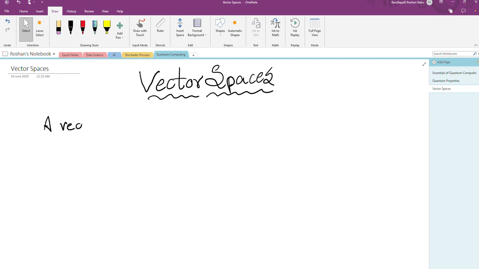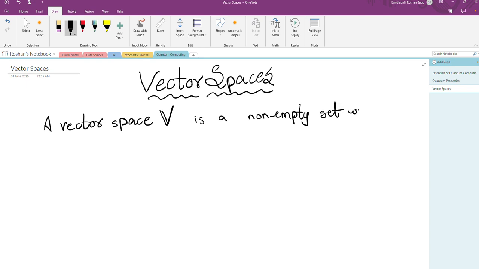A vector space, I will write it in capital V, is a non-empty set with elements u comma v called vectors.